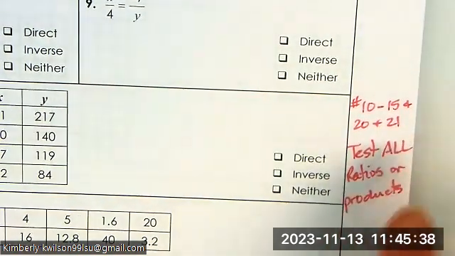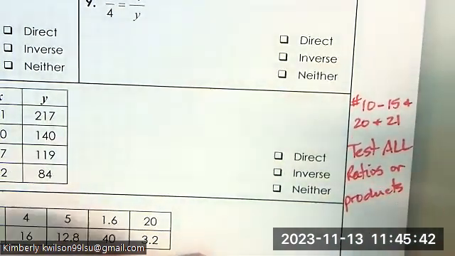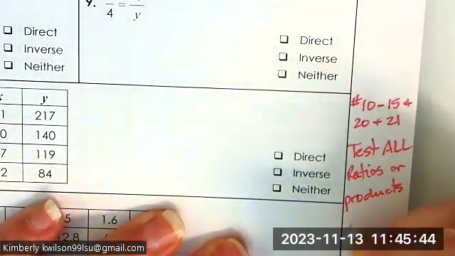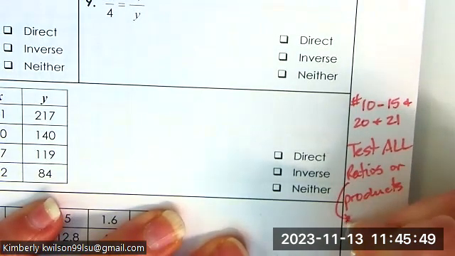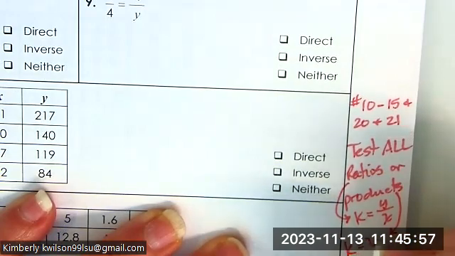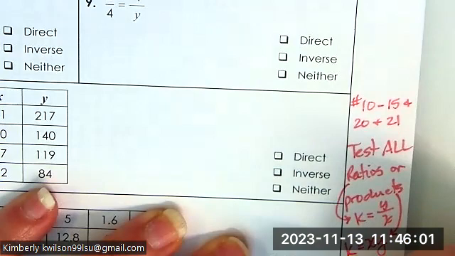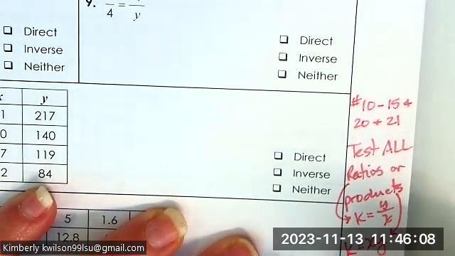So we were saying we test all ratios or products. The ratios are k equals y over x. The products are k equals xy.